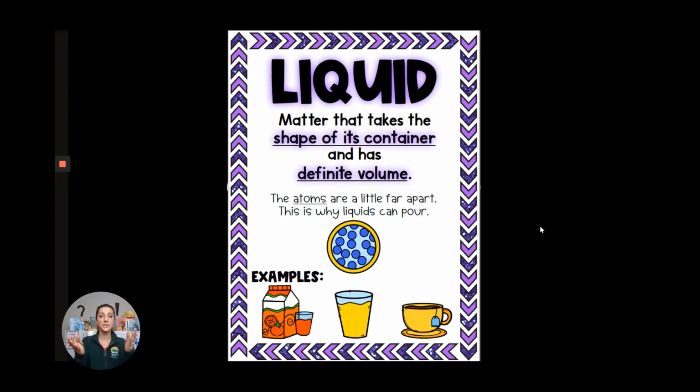It changed shape from the carton into the measuring cup, but it's still 1 cup. Now, if I take that same cup of milk and I pour it into a bowl with the pancake mix, it pours in, it starts to take a different shape, but it's still 1 cup of milk. The amount doesn't change, right? So it has a definite volume or amount of space, but it doesn't have a definite shape.